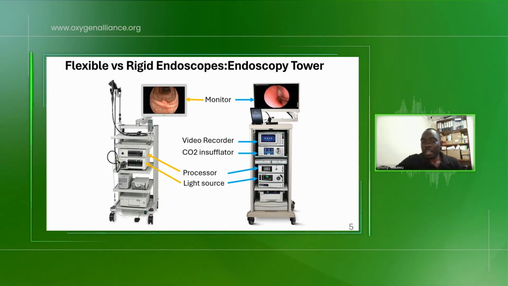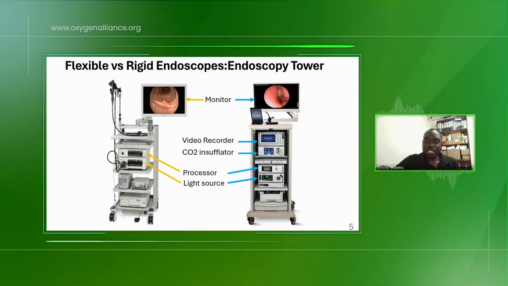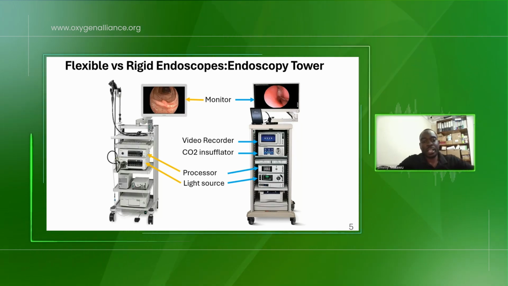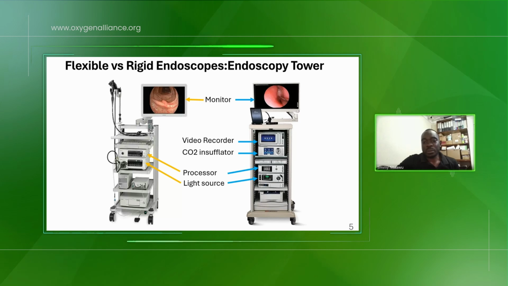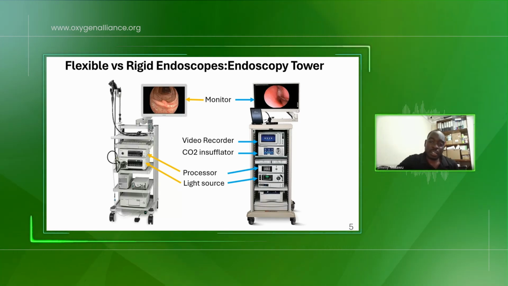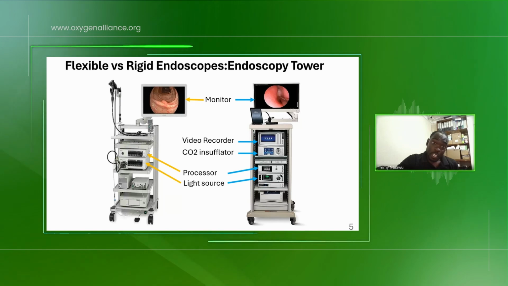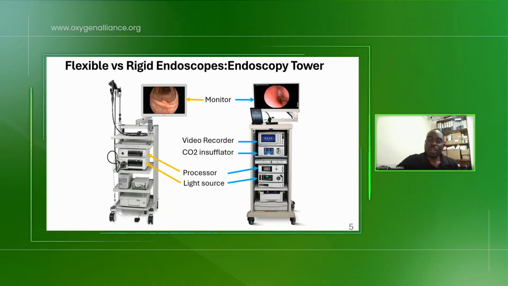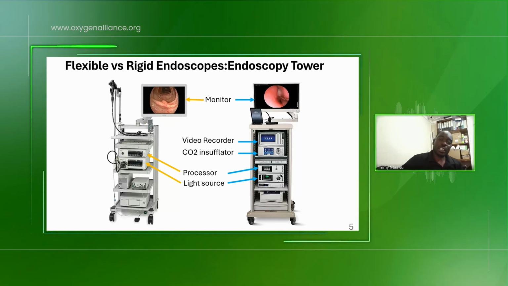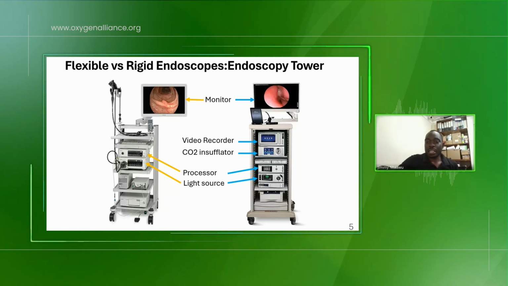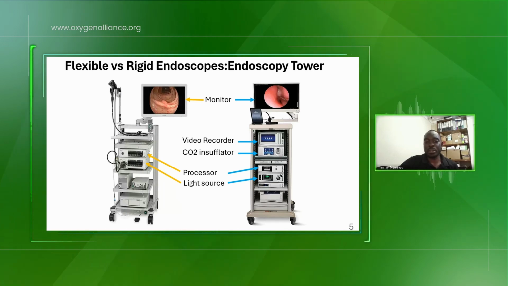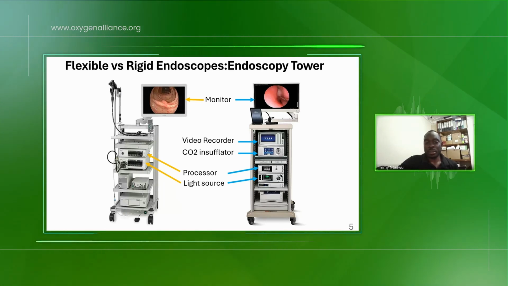So they both employ carbon dioxide insufflators, but it is also very common in the rigid scopes. We employ the carbon dioxide insufflator for the rigid ones because we need to expand the cavity, the area of operation where we're working, so that we can visibly see or increase our field of work, and we are able to do the operations very well.